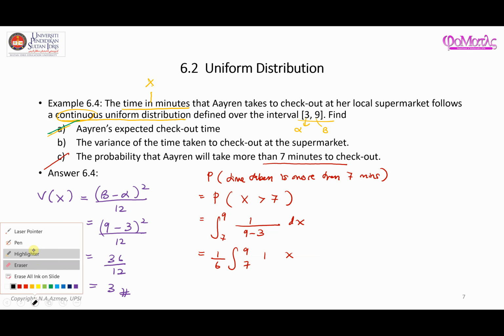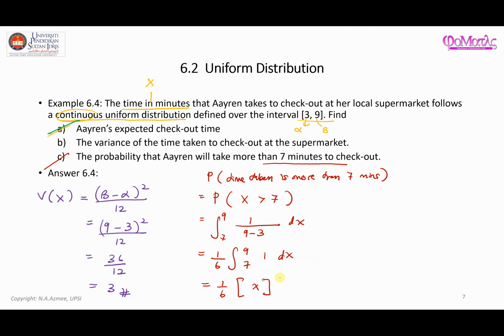If you integrate 1, you will have x, 9 and 7. Therefore, this becomes 1 over 6. Substitute 9 and 7 respectively. So we have 9 minus 7, 2 over 6, which is equal to 1 over 3. Therefore the probability that the time taken is more than 7 minutes is 1 over 3.